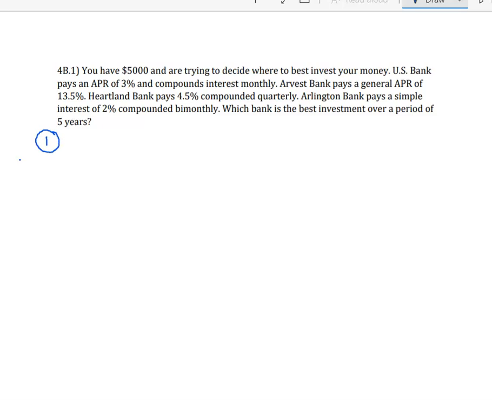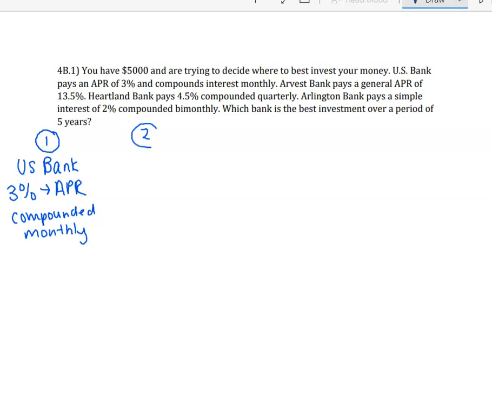The first bank was U.S. Bank, and at U.S. Bank, there's a 3% APR, and it is compounded monthly. The second bank is Arvest, and at Arvest, it's just a 13.5% APR, not compounded at all, so simple interest.